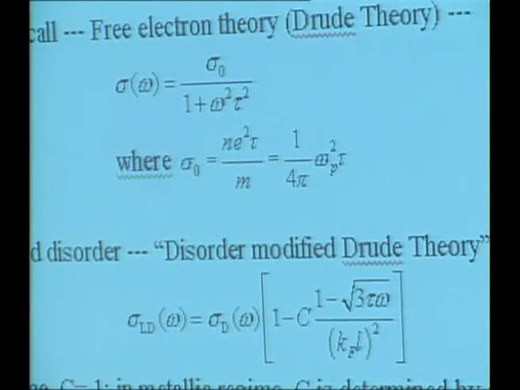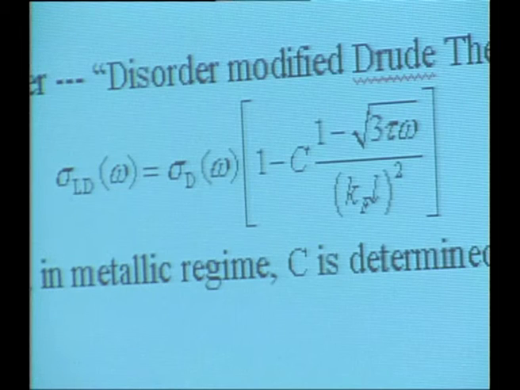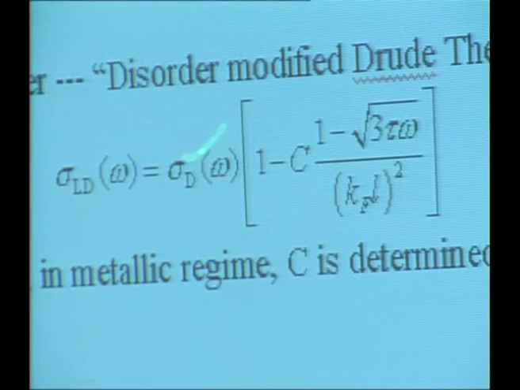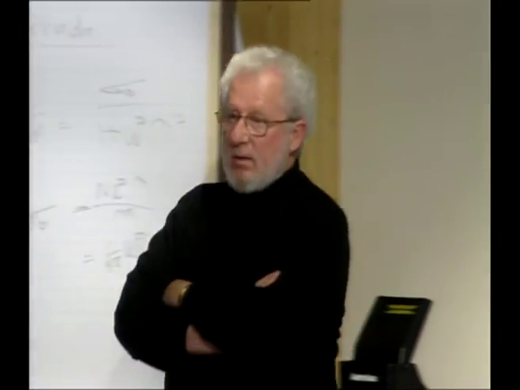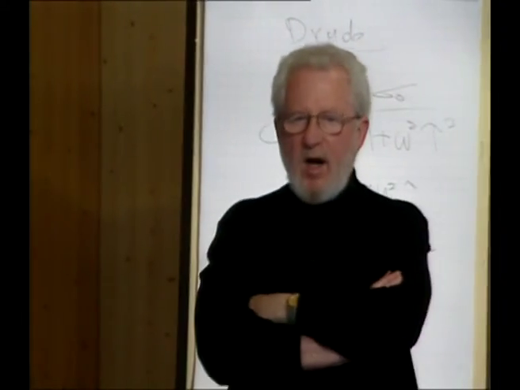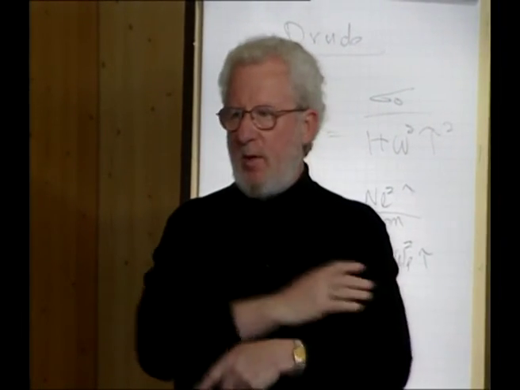And what they found when they did that was that the frequency-dependent conductivity is the Drude conductivity, looking like this, modified by disorder in this way. Okay? And you notice that in this correction term, there is the famous KFL, which is the quantity that Ioffe and Regel used to define the boundary between the metal and the insulator.